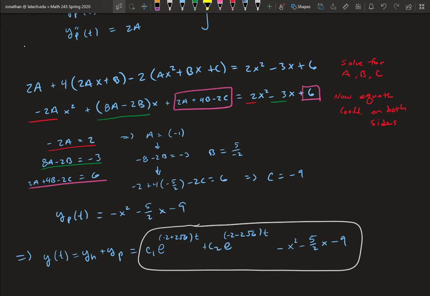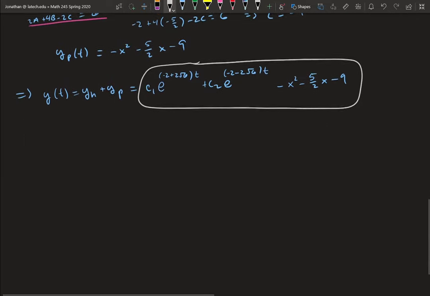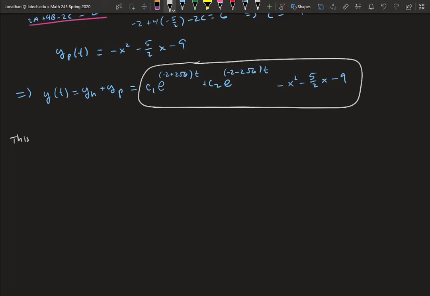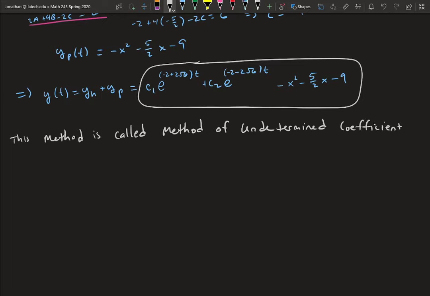Yeah, cool. We call this method the method of undetermined coefficients.